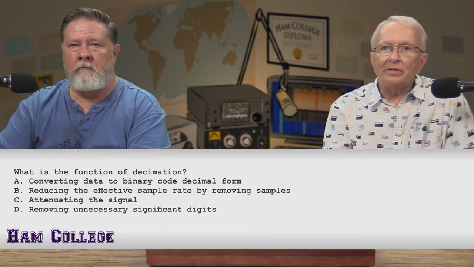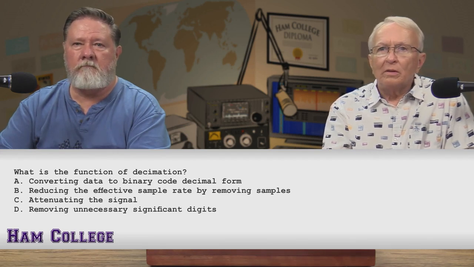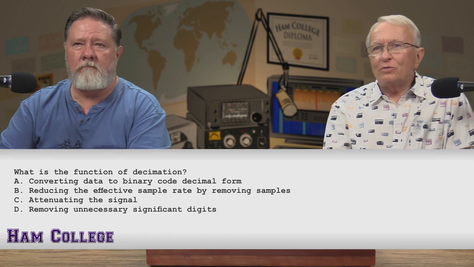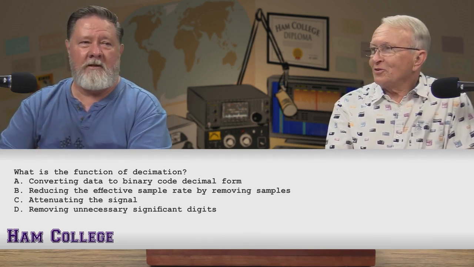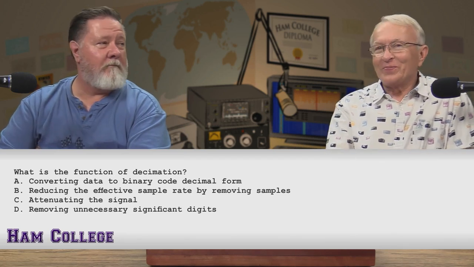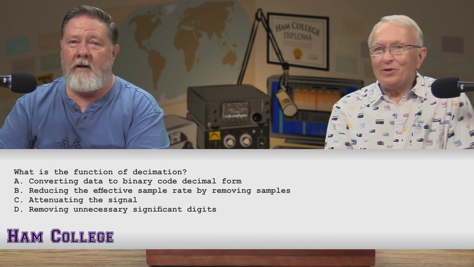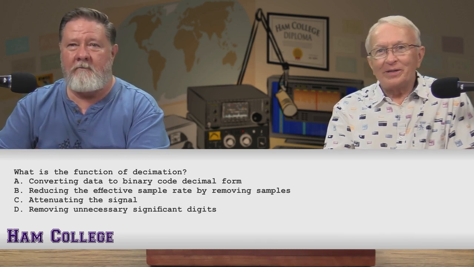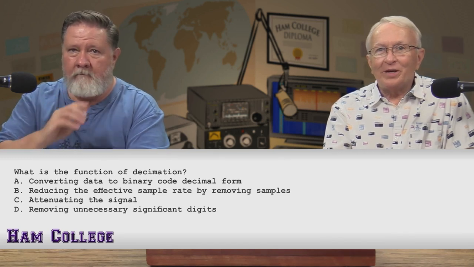A, converting data to binary code decimal form. What the heck would binary code decimal form mean? It's like two different number systems. I have no idea. Neither do I. C, attenuating the signal.